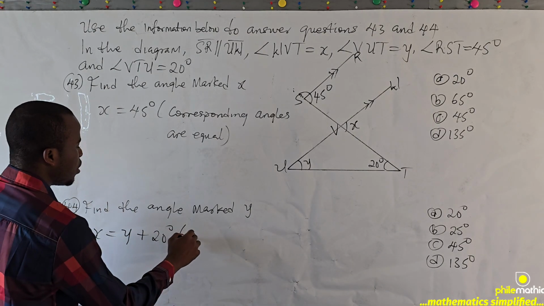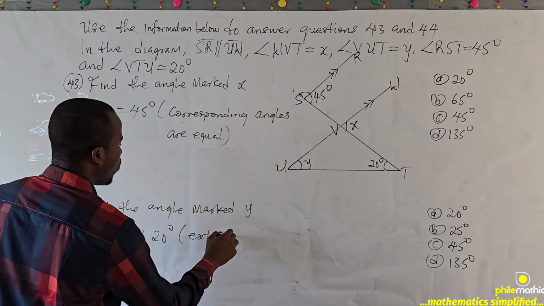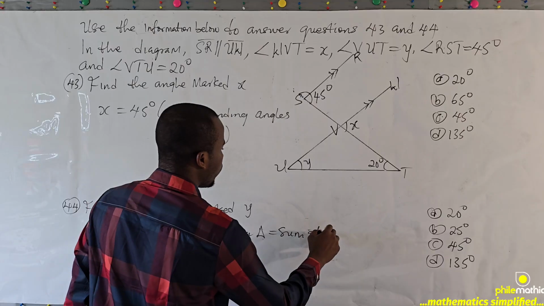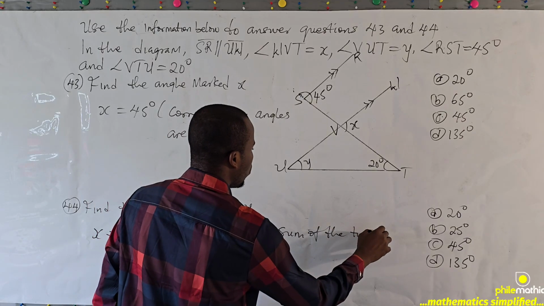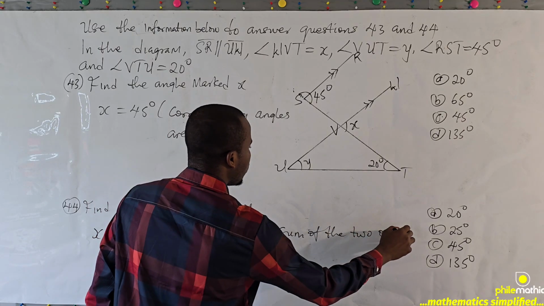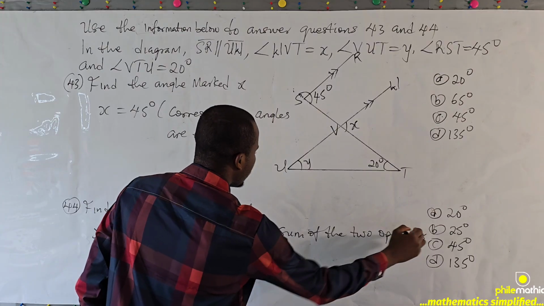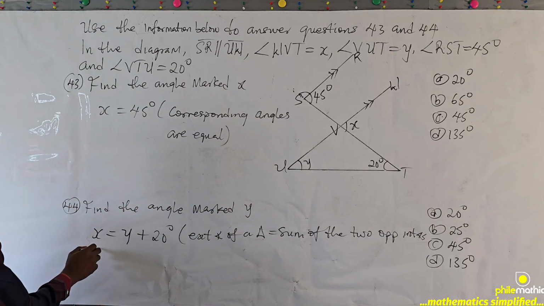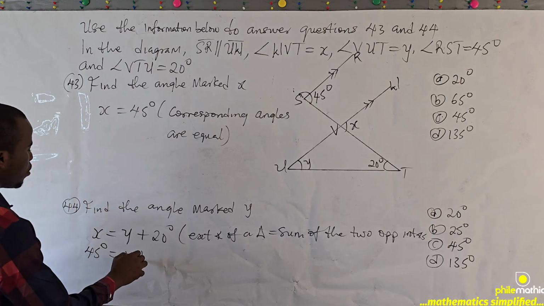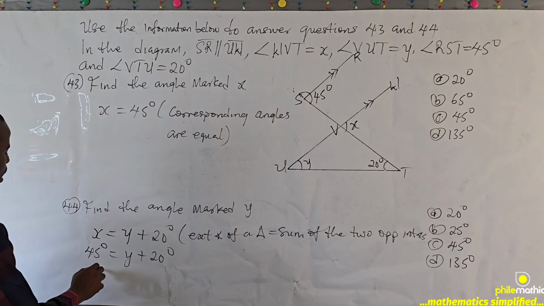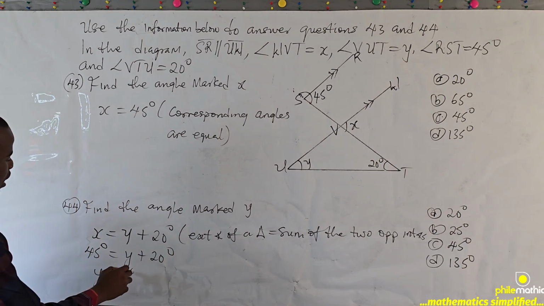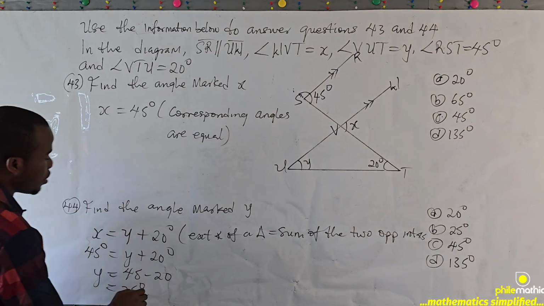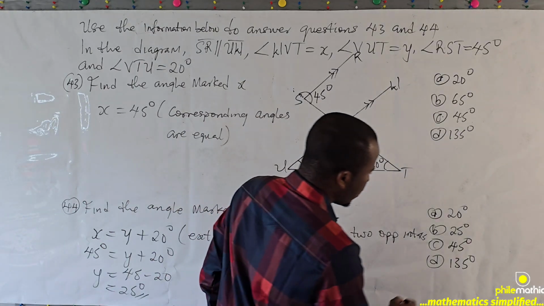The reason is exterior angle of a triangle equals sum of the two opposite interior angles. And so we have gotten X to be 45, so that our Y will be, subtract 20 from both sides, which is 25 degrees. And that's B.